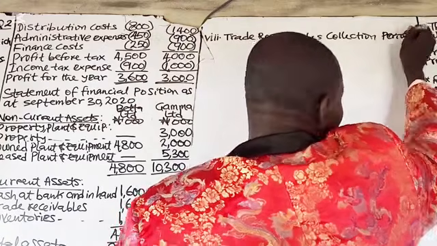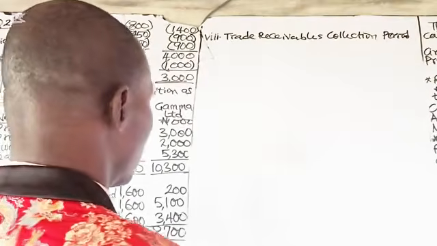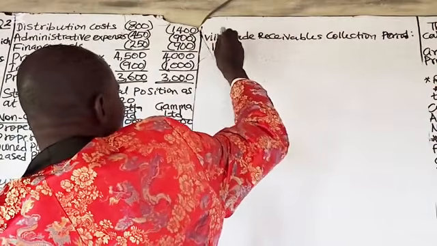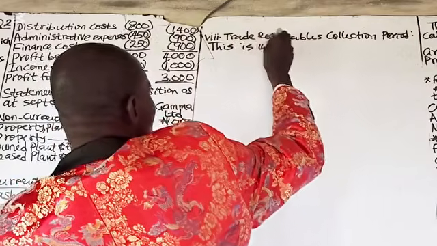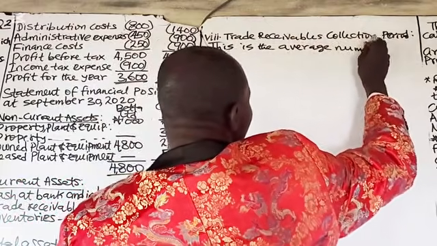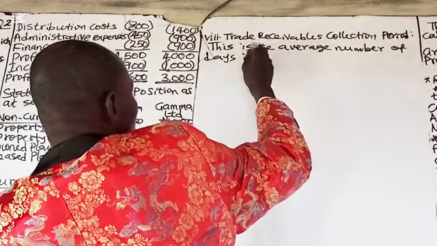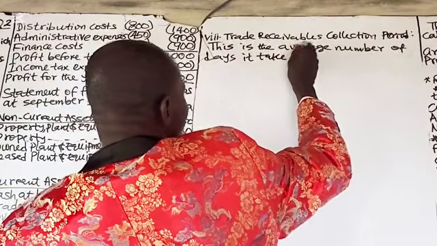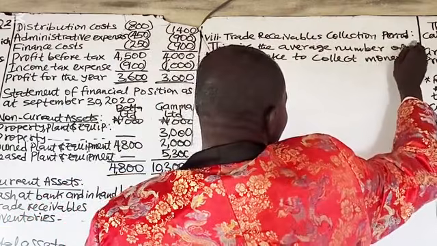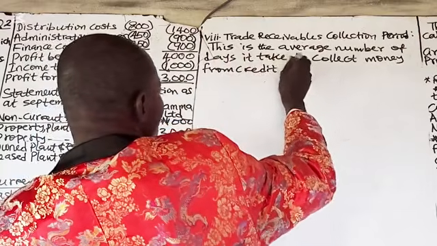The trade receivable collection period is the average number of days it takes to collect money from credit customers.